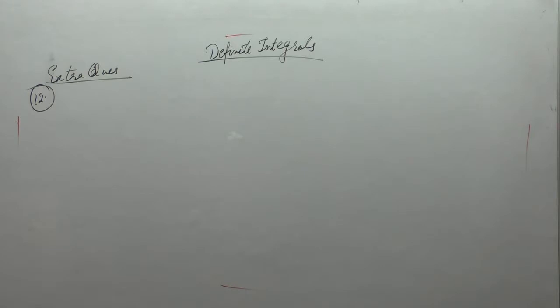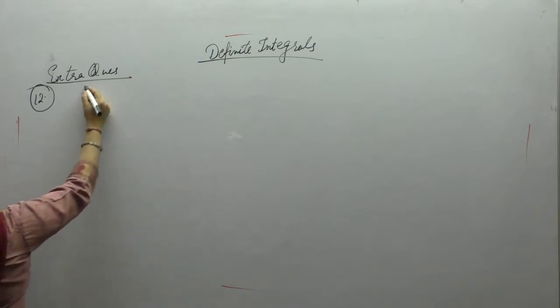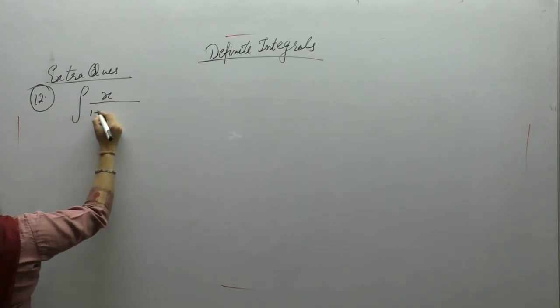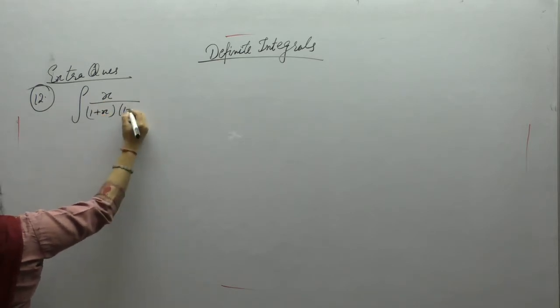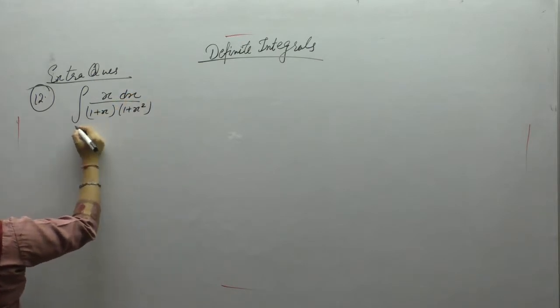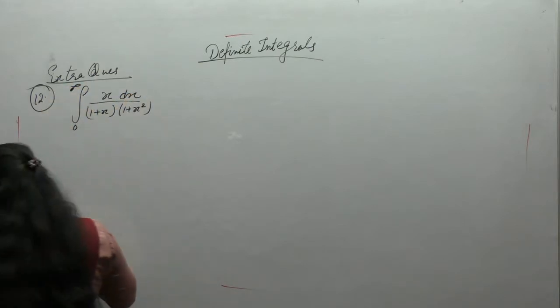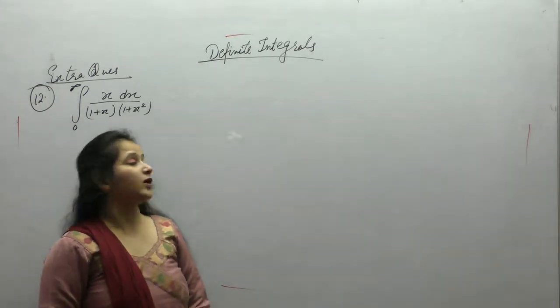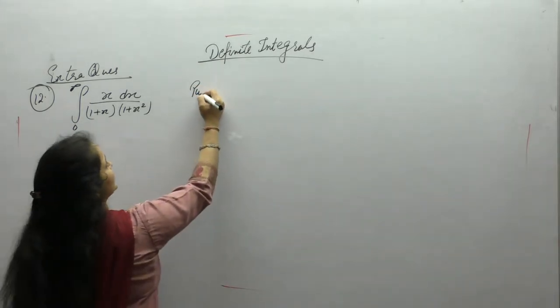Integral of x upon 1 plus x square dx, limit goes from 0 to infinity. In this type of integral we put x as tan theta.